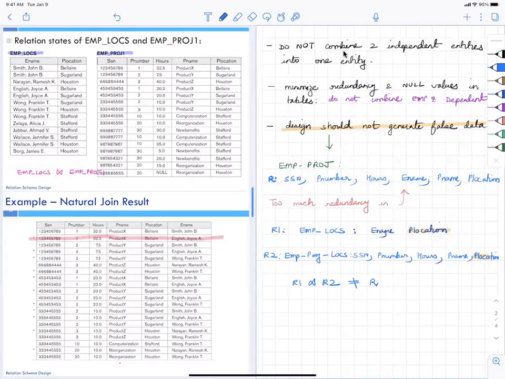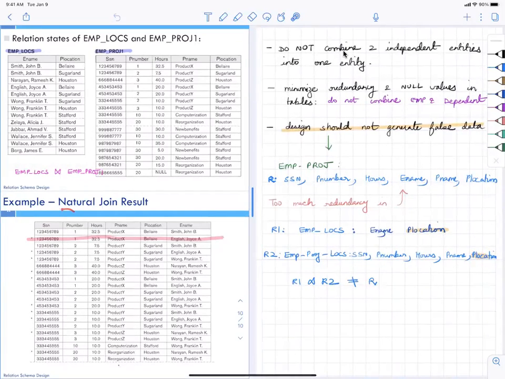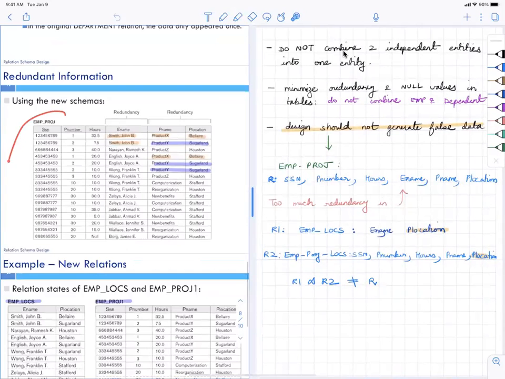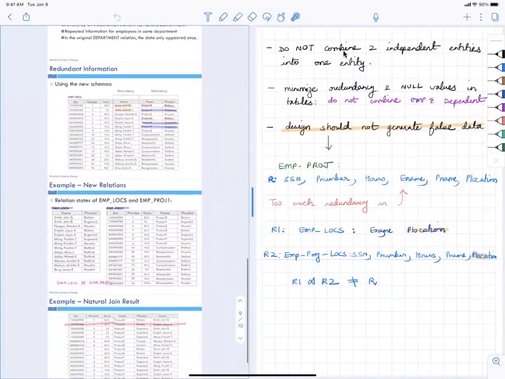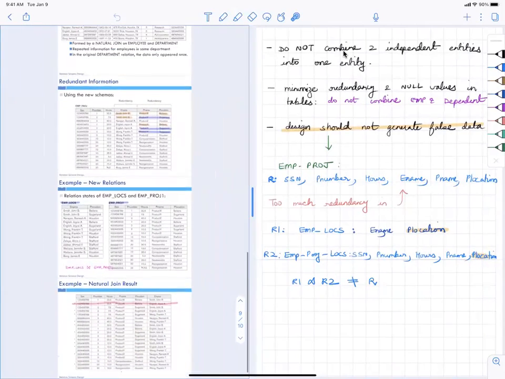It's one part of the table; the table is much longer. But this table that is the join of these two tables is not equal to the original table, employee project.